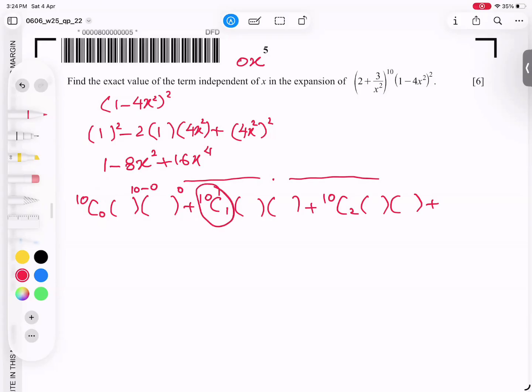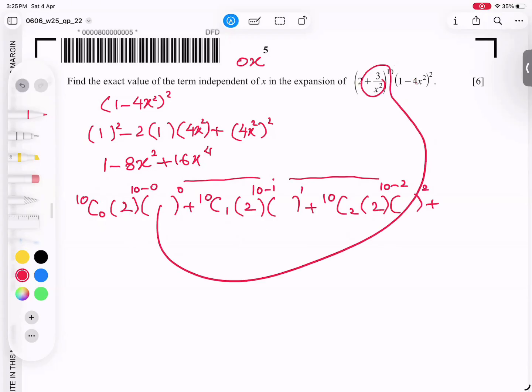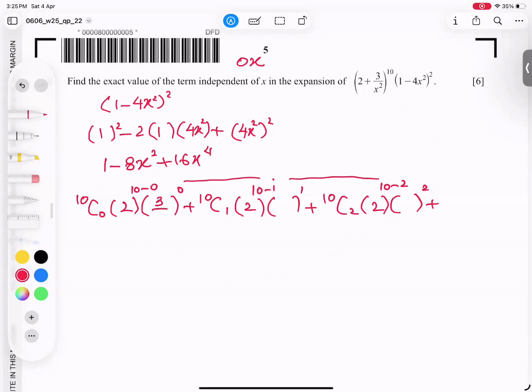Same, 10 and 1 difference comes here, 10 minus 1 and 1 comes here, and 10 minus 2 and 2 comes here. So in each first bracket I must write 2, so 2, 2, 2. And the second bracket, including sign, basically positive. If negative comes, we must take negative. 3 over x squared, 3 over x squared.